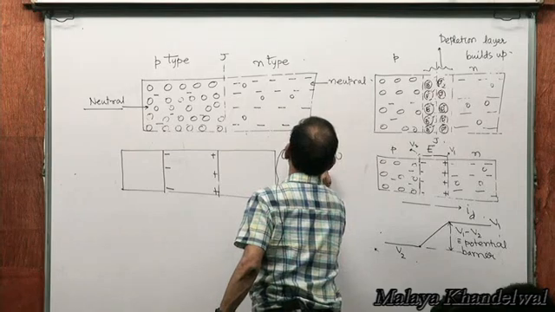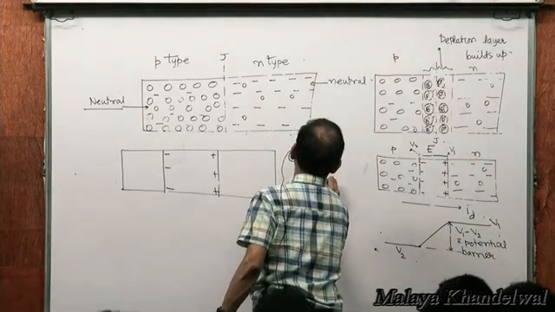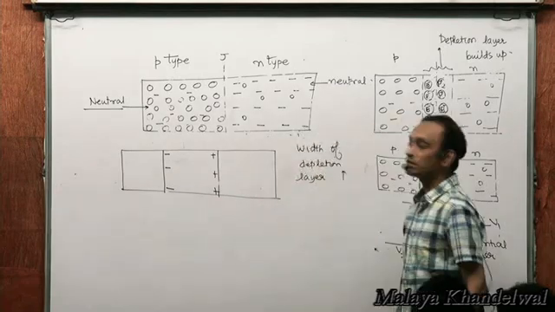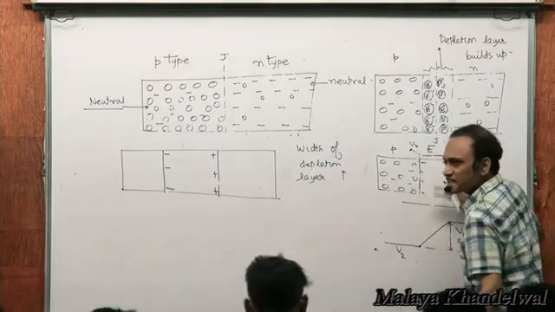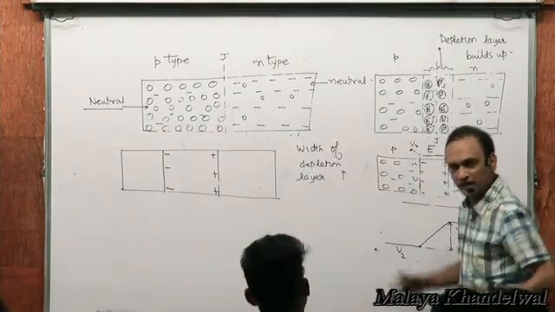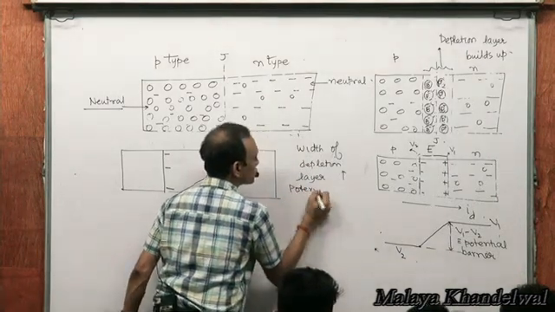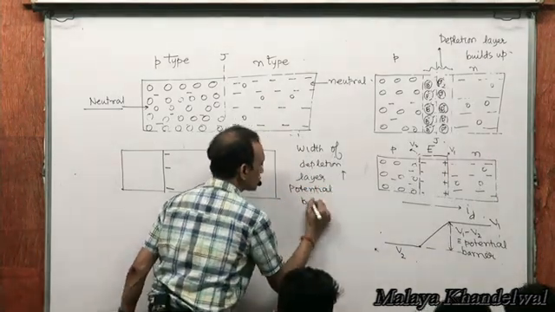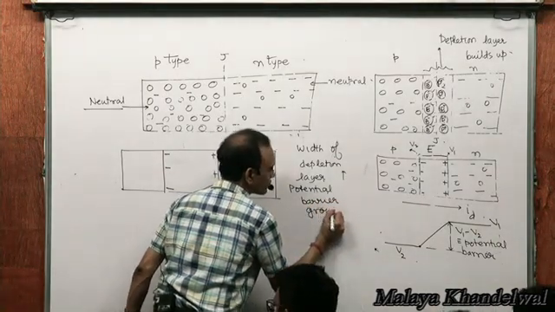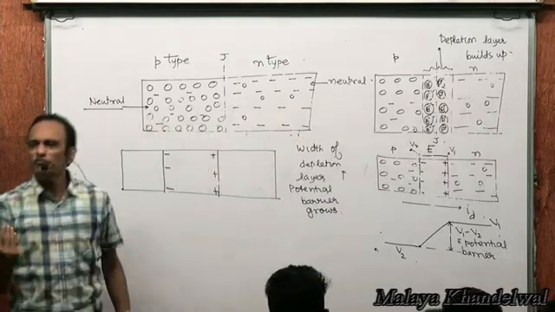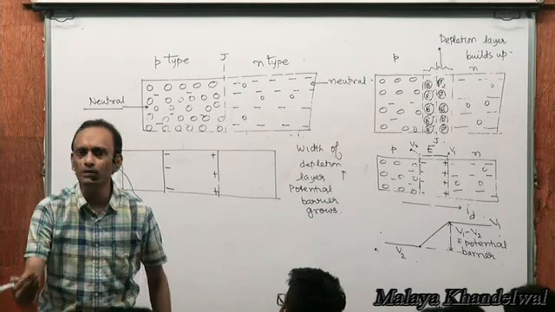The width of the depletion layer increases. The potential barrier, which is the height of this potential hill, grows. Diffusion becomes more and more difficult.